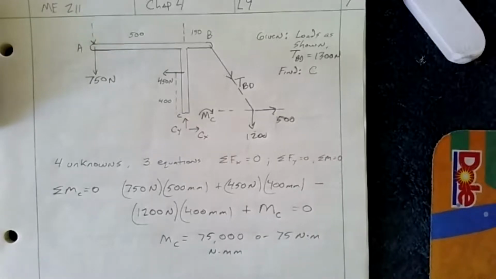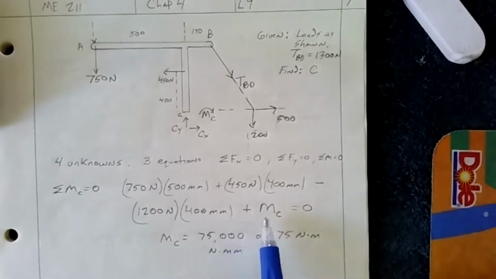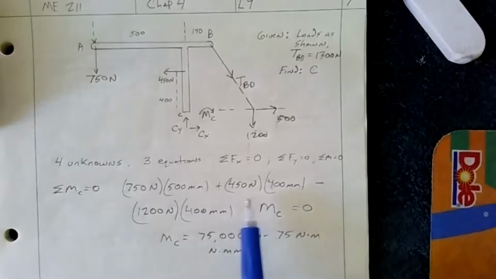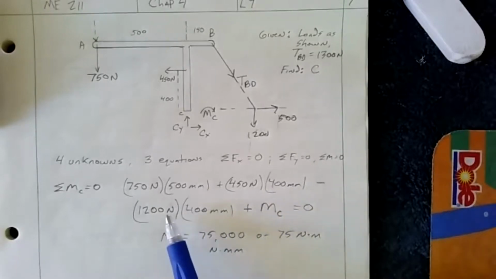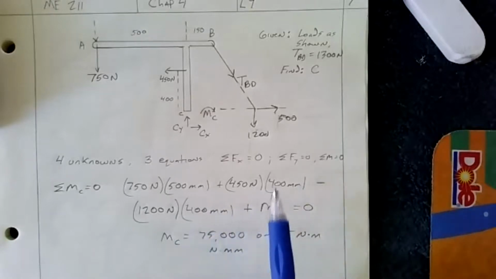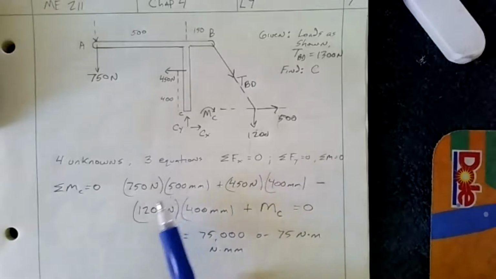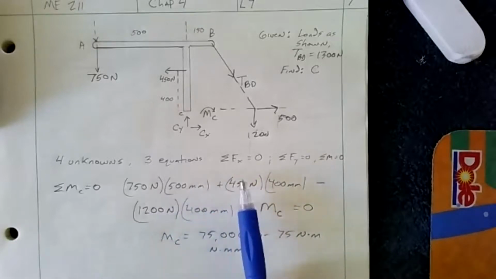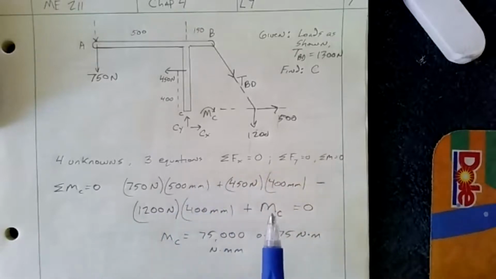Now, you'll notice that I wrote this moment as a positive moment. And so it means that this 1200 times the 400 was bigger than these positive moments. So my net moment is actually a counterclockwise moment.